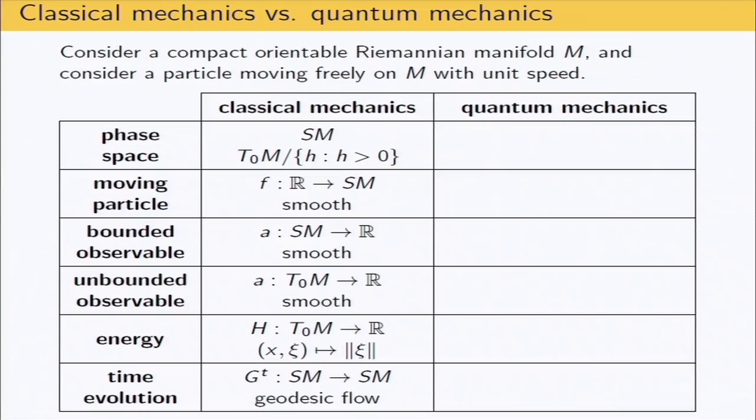Okay? So, but for a proper description of the system, we'll have to look at also more general observables that I call unbounded observables. So these are functions on the non-zero tangent bundle, also real valued and smooth. These functions can be unbounded, of course. So one prime example of an unbounded observable is the Hamiltonian function or the energy function associated to the system, which assigns to each point in this more general phase space the length of the tangent vector.